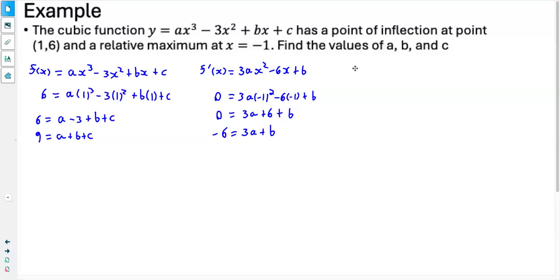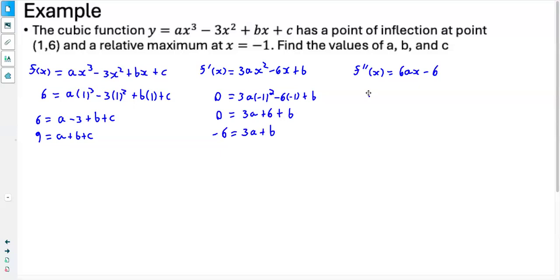Next, we're going to get our second derivative. So that's going to work out to 6ax minus 6. Now, if we have an inflection point at 1 comma 6, that means our second derivative of f at 1 is equal to 0.